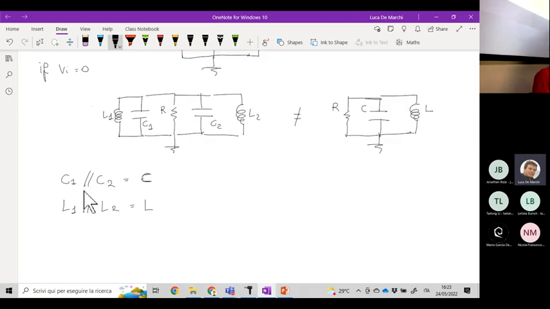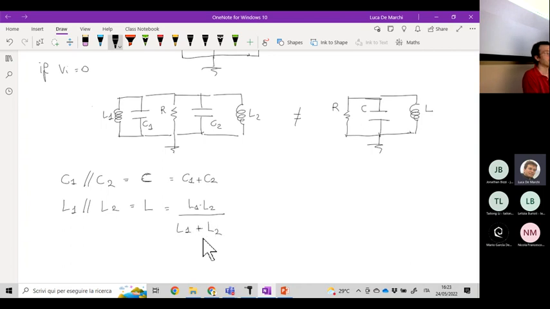By the way, C1 parallel to C2, by virtue of the property of capacitances, is equal to C1 plus C2, while the parallel of L1 with L2 is given by L1 times L2 divided by L1 plus L2.